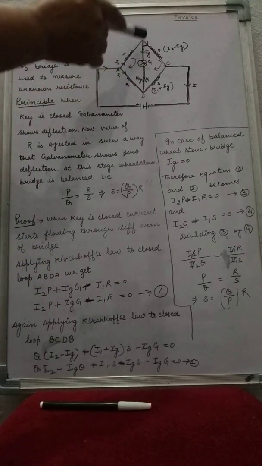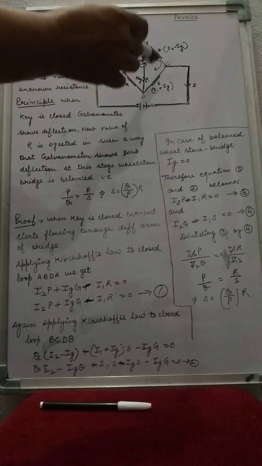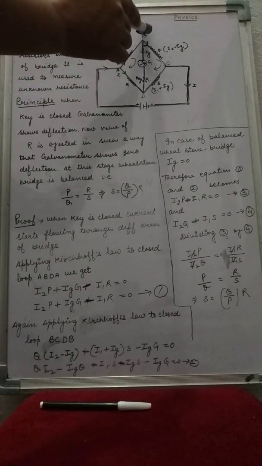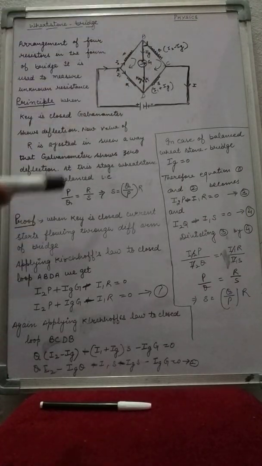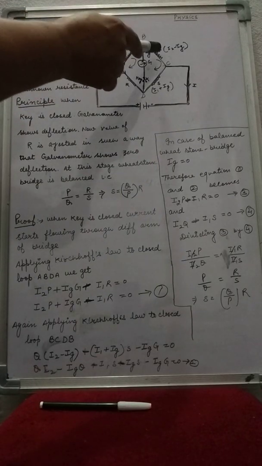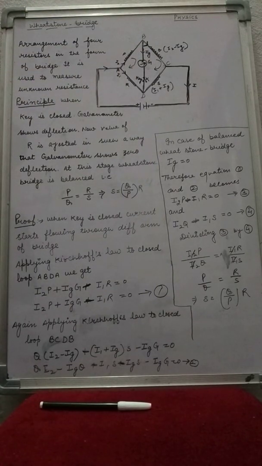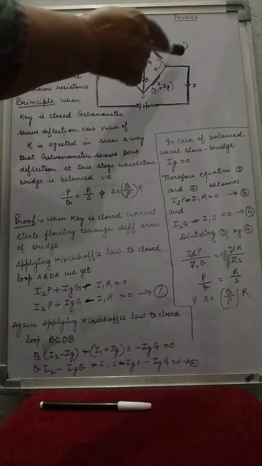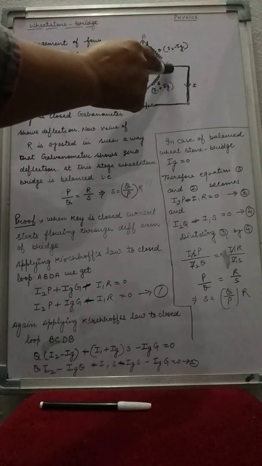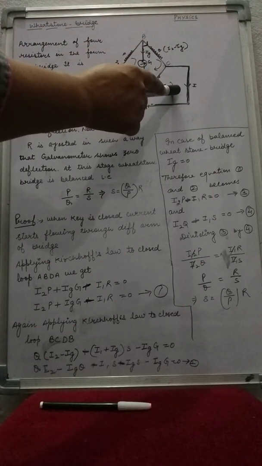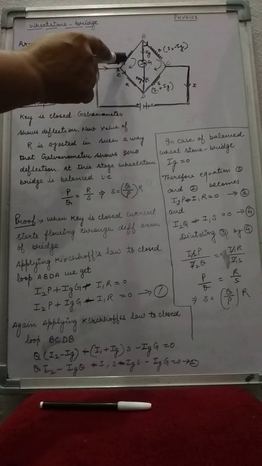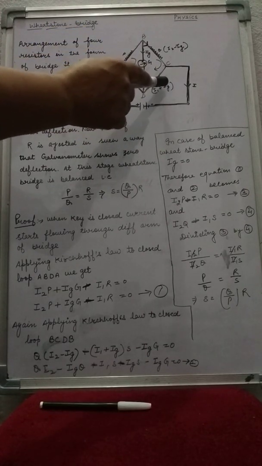Now again applying Kirchhoff law to the closed loop B, C, D, B. Here Q is the resistance and I2 minus IG is the current flowing through this arm. I1 plus IG is the current flowing through this arm.